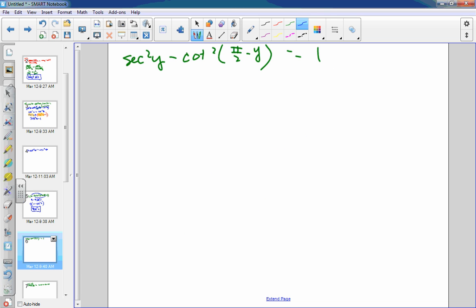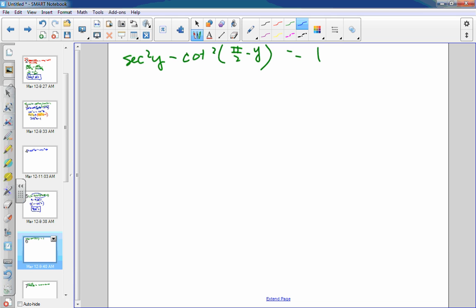Secant squared of y minus the cotangent squared of pi over 2 minus y equals 1. What are y'all thinking? Why?